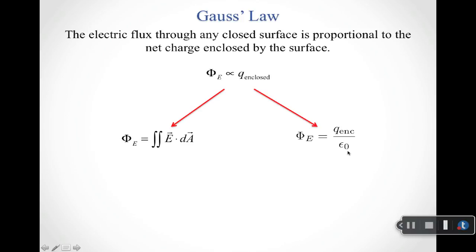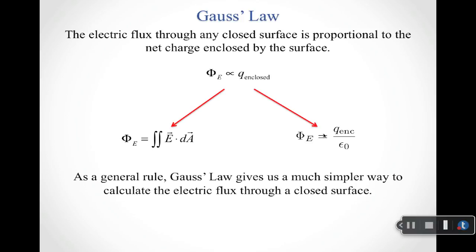This is epsilon naught. So a couple of details here. One is this I can use for any surface. This I only get to use with a closed surface, and we'll talk about that in a second. But what's nice is it says if what you're interested in is the electric flux through a closed surface, then as a general rule, Gauss's law gives us a much simpler way to calculate the electric flux.